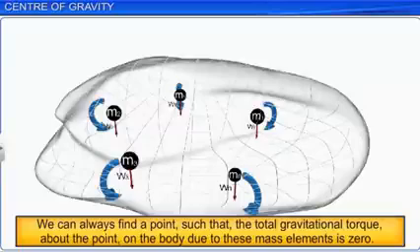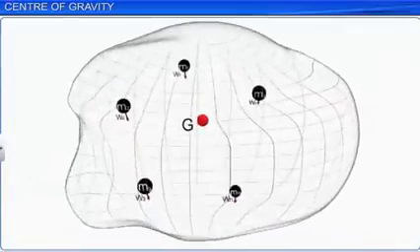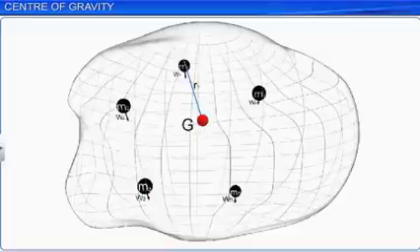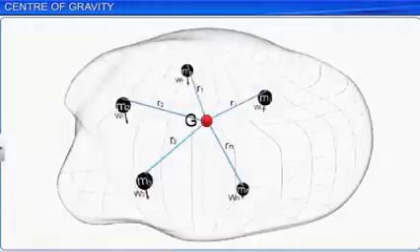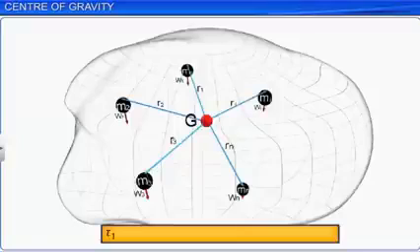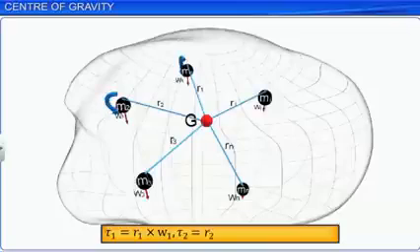For example, if G is a point and R1, R2, Rn are the position vectors of different mass elements with respect to G, then the torques due to the weights of small mass elements about G are tau 1 is equal to R1 cross W1, tau 2 is equal to R2 cross W2, and so on, and tau n is equal to Rn cross Wn.